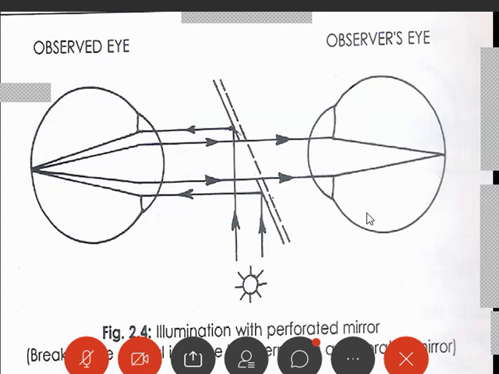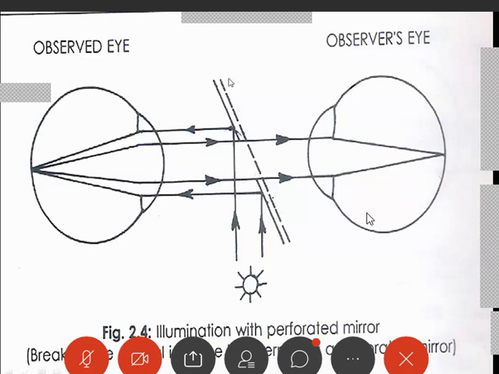So in direct ophthalmoscopy, what they do is they incorporate a perforated mirror like this. Through this, the reflected light rays enter into the observer's eye and produce an image.